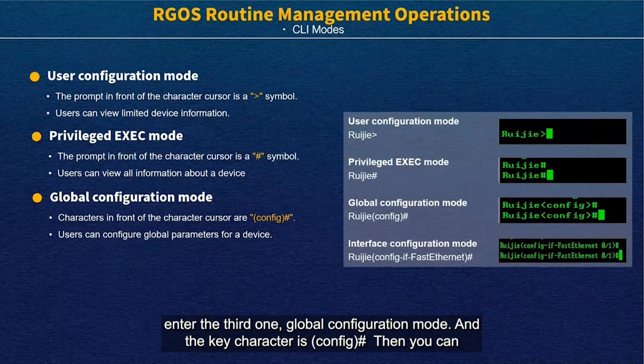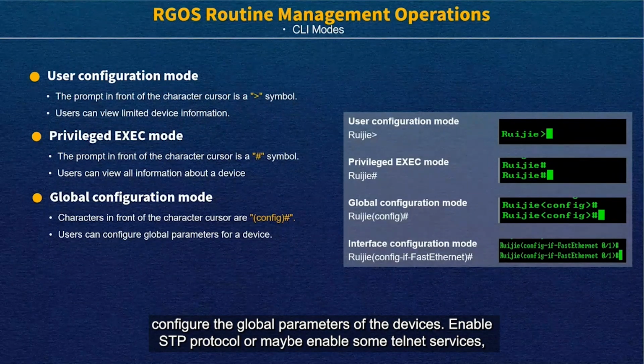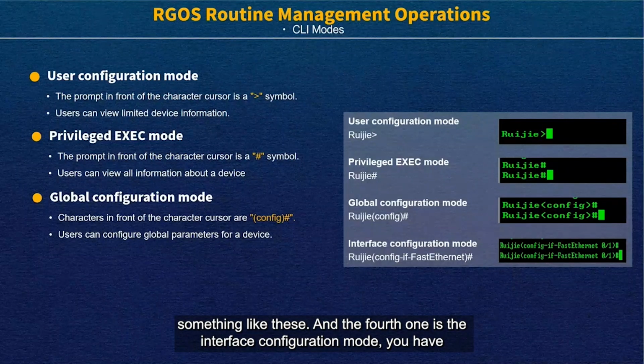The key character is config and hash. Then you can configure the global parameters of the device, enable the STP protocol, or enable some telnet service, something like this. The fourth one is the interface configuration mode.